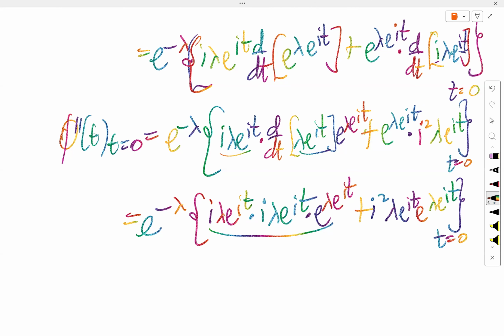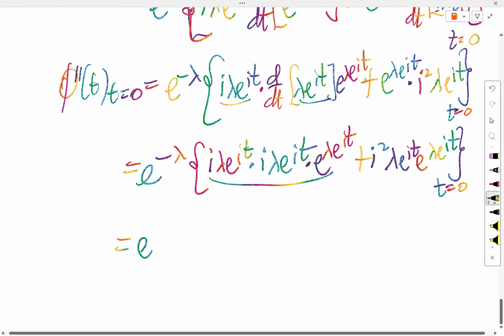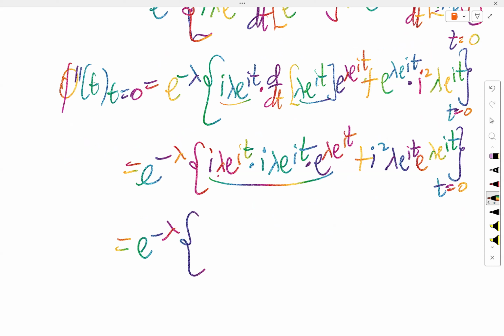And then we are almost tidying things up. So you have e raised power minus lambda into, so you see this and this are exactly the same. So you have i squared lambda e raised power it all squared multiplied by e raised power lambda e raised power it here, then plus i squared again.